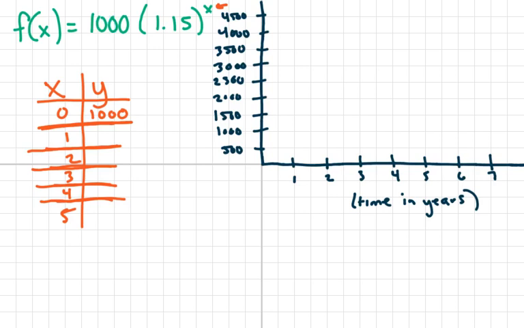I'm also going to make sure that I'm rounding to 2 decimal places every single time, since I'm dealing with money, and we don't use anything less than the hundredth place, or a penny, when we're dealing with money. So I'm going to plug each of these into my calculator. 1.15 raised to the first power, times 1,000, and I get 1150.